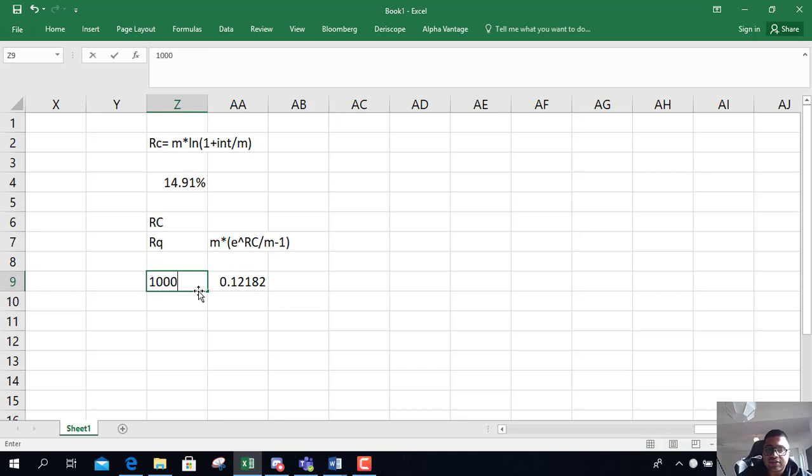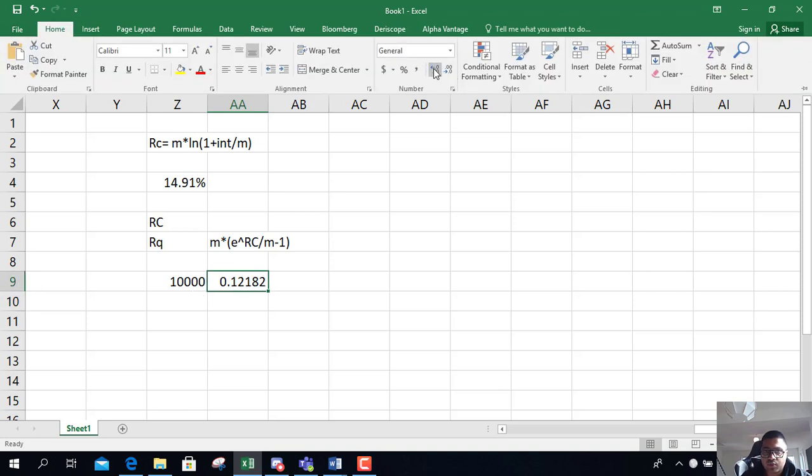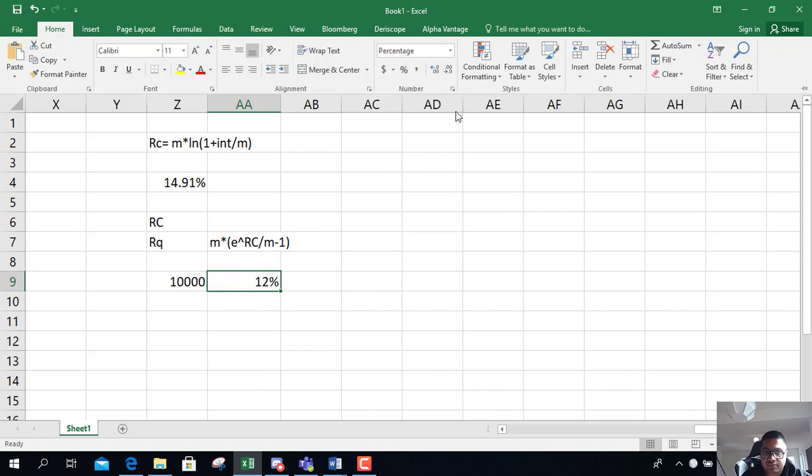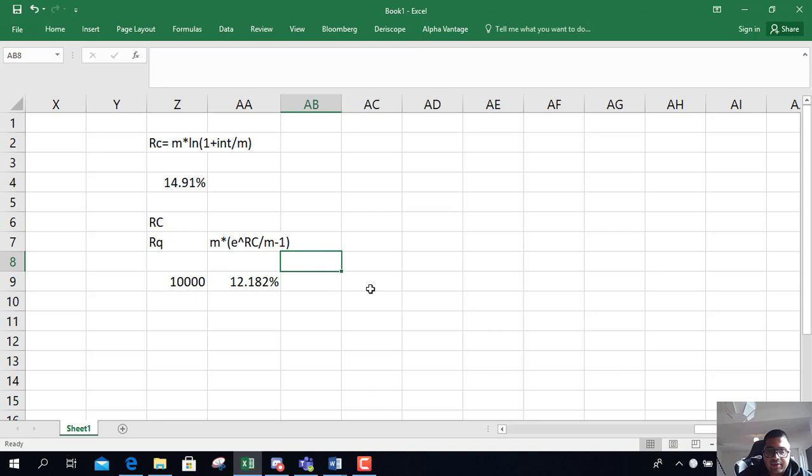So you have a 10,000 deposit. You are going to be paid 12.18% every year. So how much is your yearly payment? Yearly payment equals 10 grand into this interest rate.